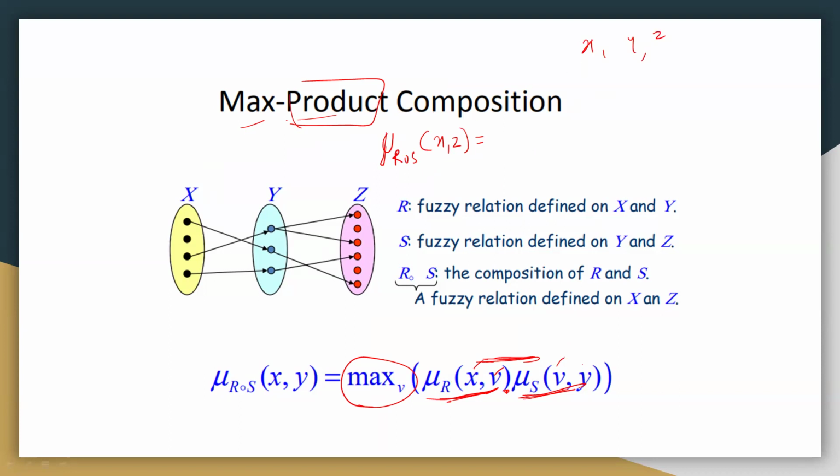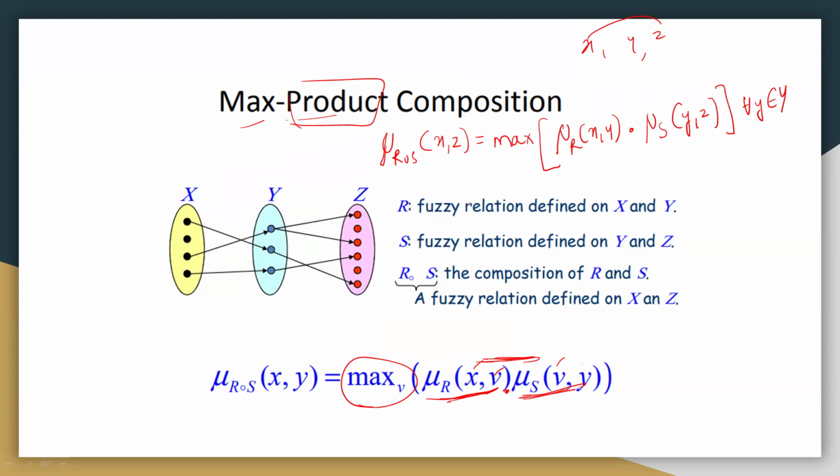The relation between X and Z can be shown as mu of R composition S at X comma Z is nothing but max of mu of relation R on X comma Y into mu of S on Y comma Z, for all Y that belongs to the universe of discourse capital Y.